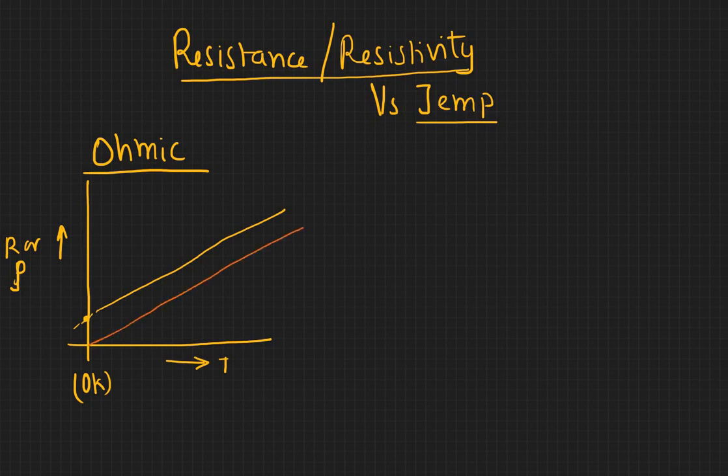So let's say for tin and lead, you may find that at 0 Kelvin the resistance is 0. This we call superconductivity.